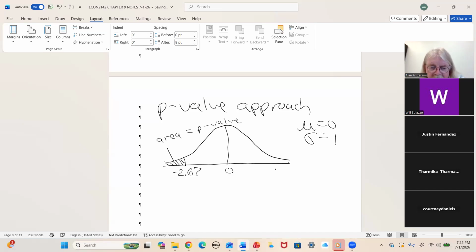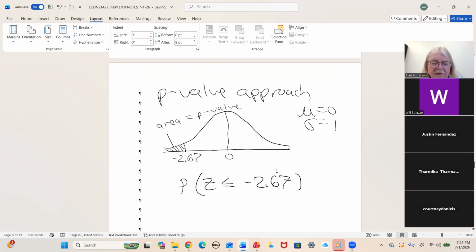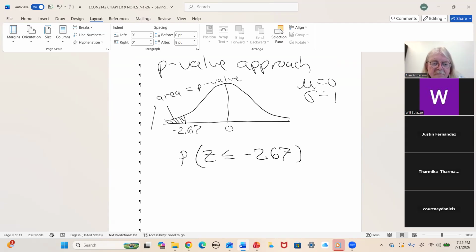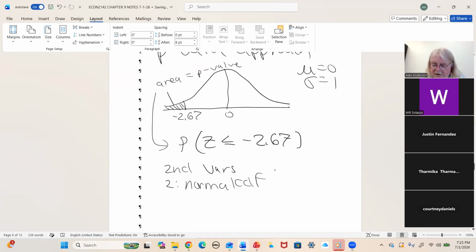That I can find out by going to my calculator and calculating this probability. All right, remember we did this yesterday. Second Vars. Number 2 is normal CDF. Okay. And then, of course, remember from yesterday, we have lower and upper.